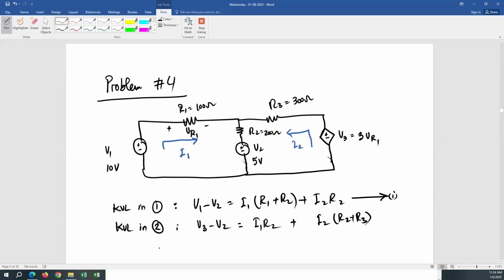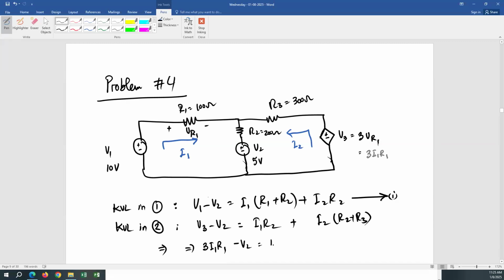Now we're going to replace the value of V3 by the value that it depends upon. That's 3 VR1. And what is VR1? I1 R1. So this thing is simply 3 times I1 times R1. We replace its value by that, 3 times I1 R1.